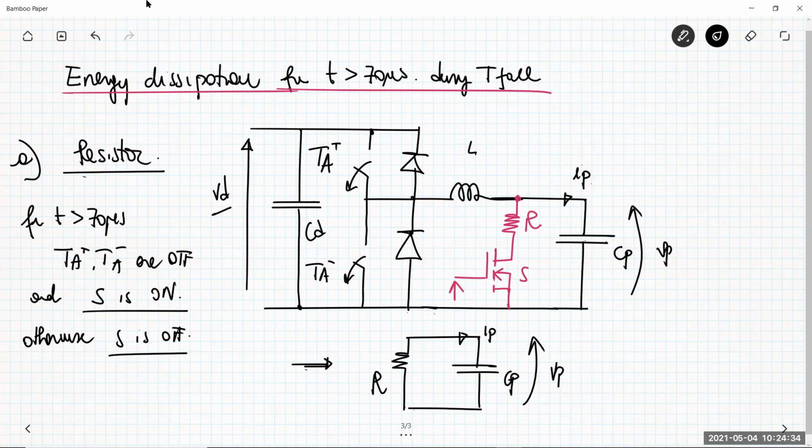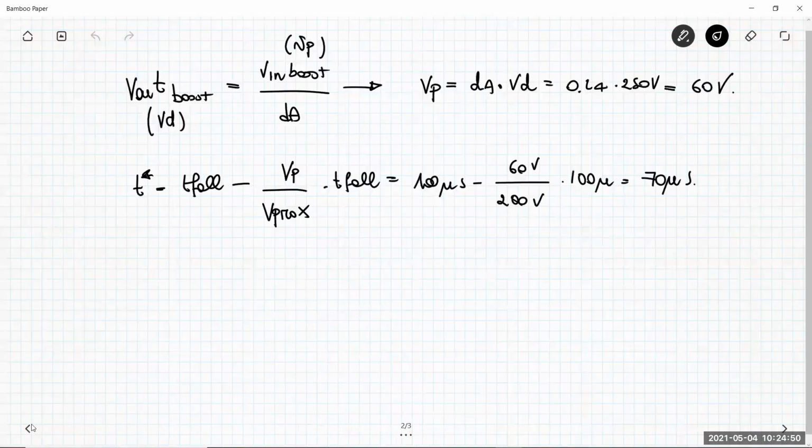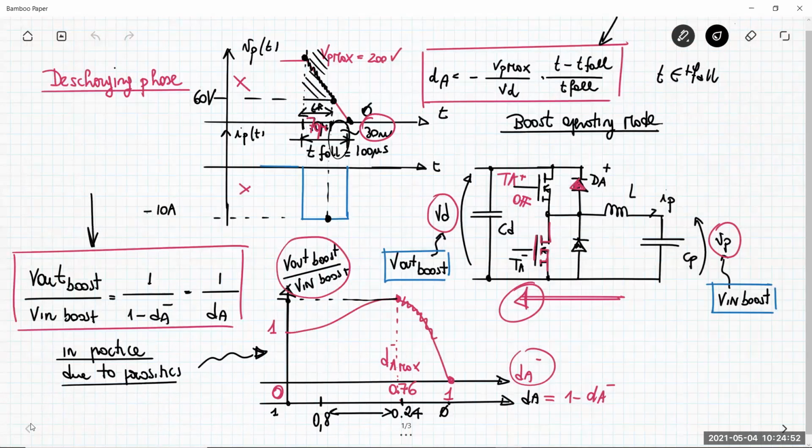Okay, I have a question from Antonio Moles. Can you repeat how we derive T-fall from 70 microseconds? No, it's the opposite: 70 microseconds from T-fall, maybe. T-fall is something that we derived at the beginning. If you remember, we have a slope of 2 volt per microsecond.